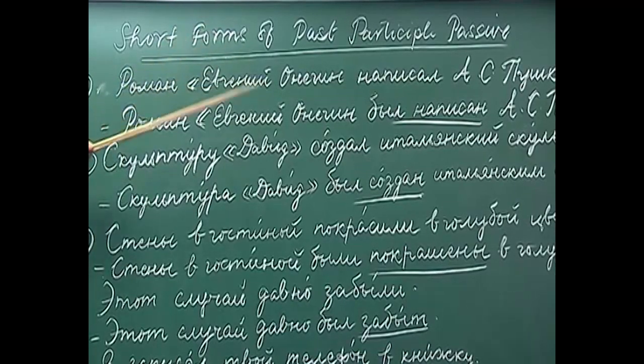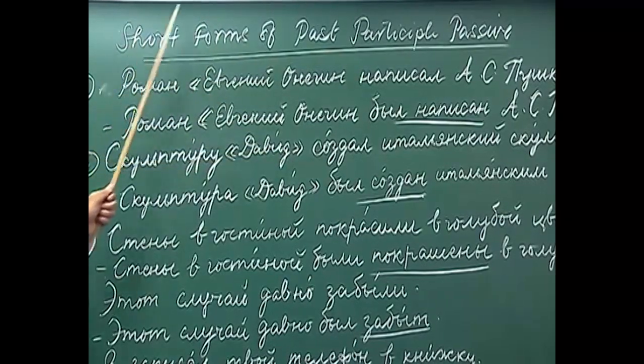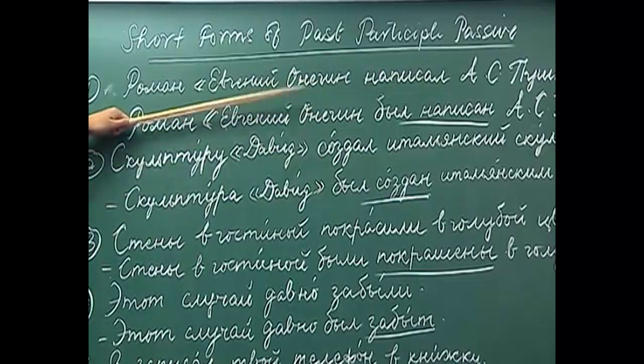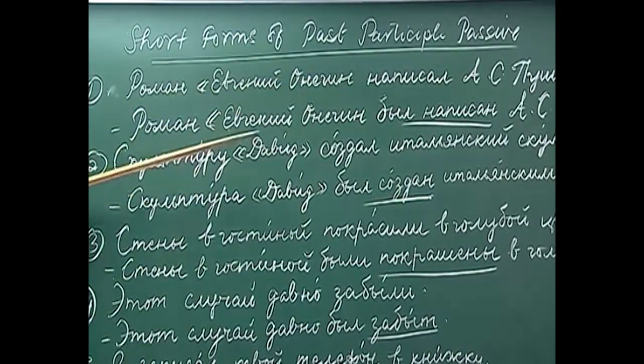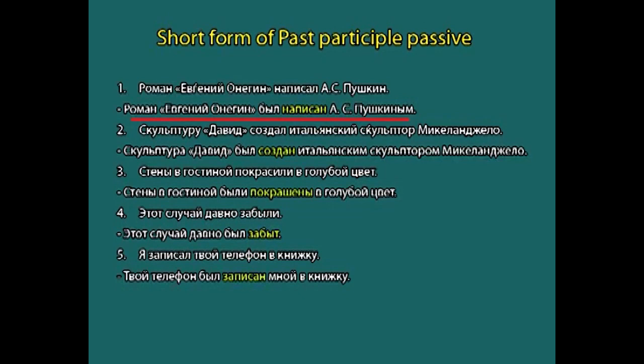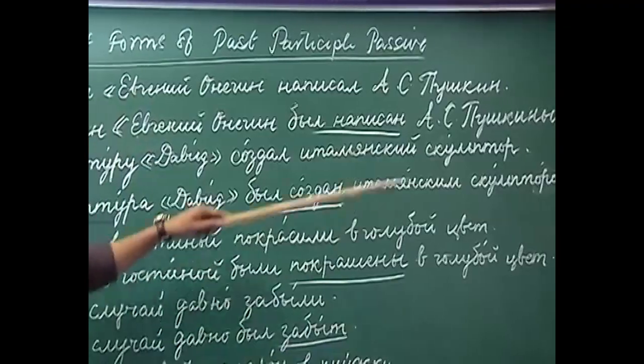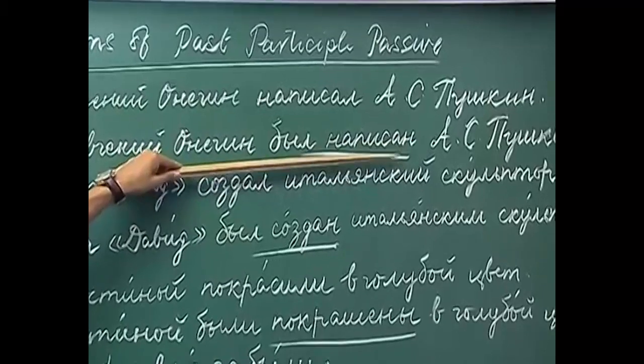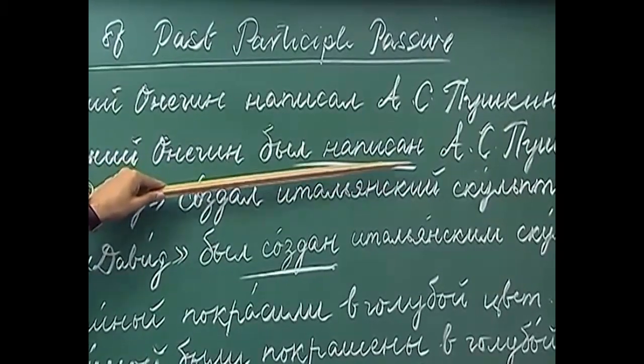So, how can we use the short form of past participle passive and change the same sentence into passive? Let us do that. Raman Yevgeny Onegin bil napisan A.S. Pushkinim. Here, as you can see, we are using the short form of the past participle passive napisanni.